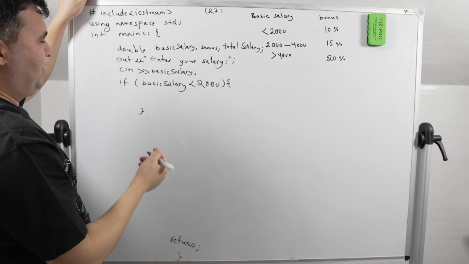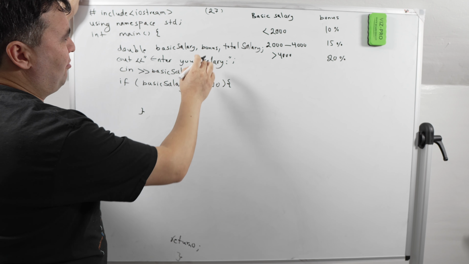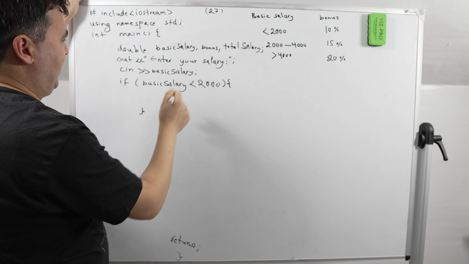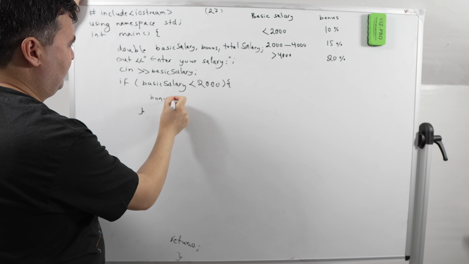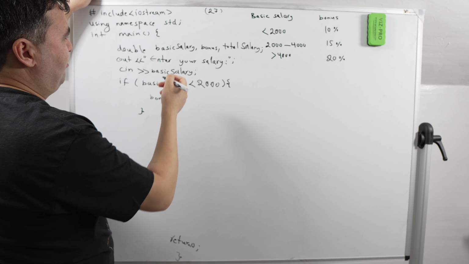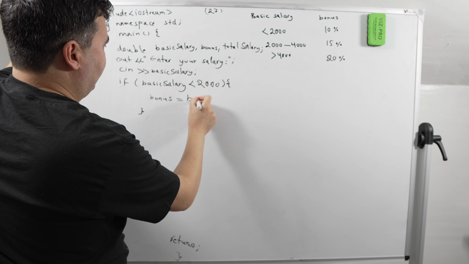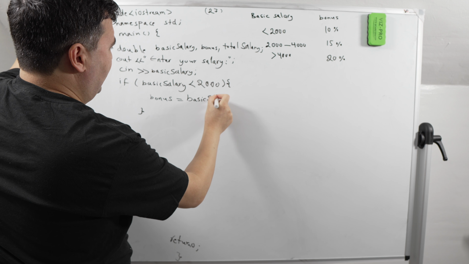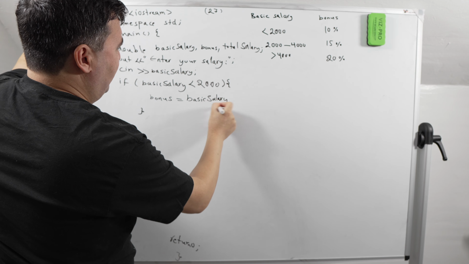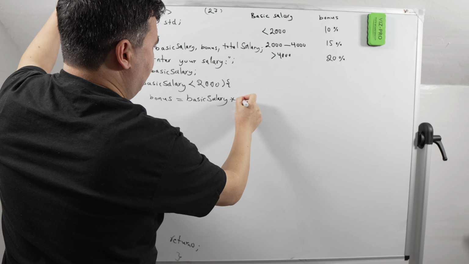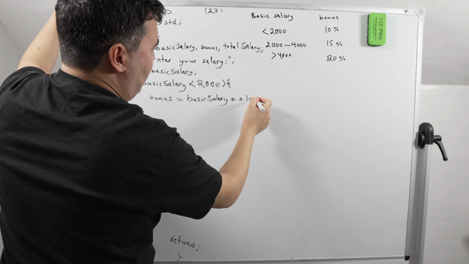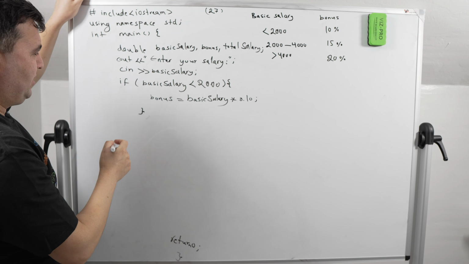So bonus is equal to basic salary multiplied by 0.10. So 10% becomes 0.10. So this is the bonus.